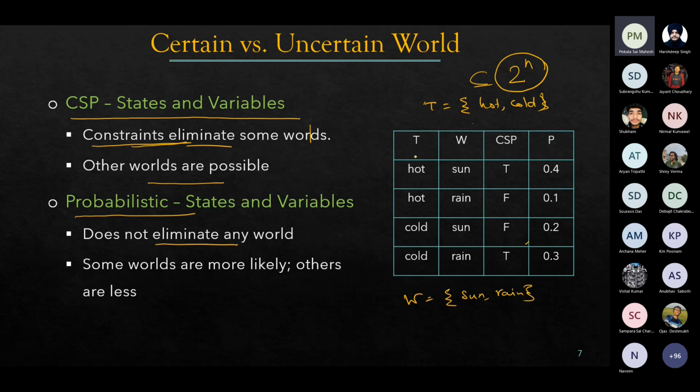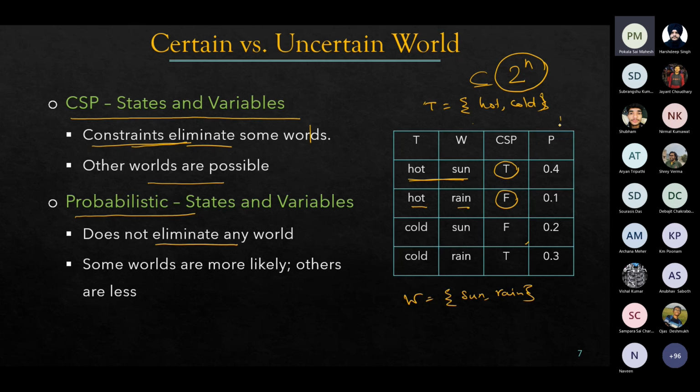Now you can say that when temperature is hot and weather is sun, that combination is true, so this is a valid world. But hot and rain may not be a valid world, something like that. So you are certainly saying that a combination is a valid or invalid world.